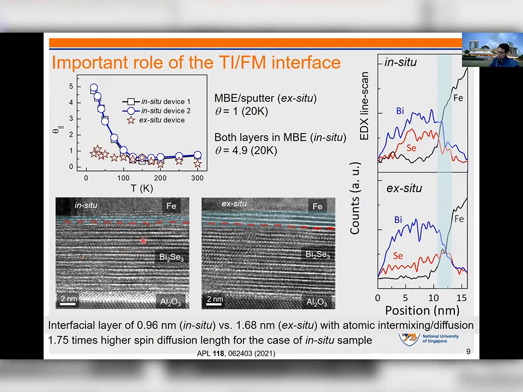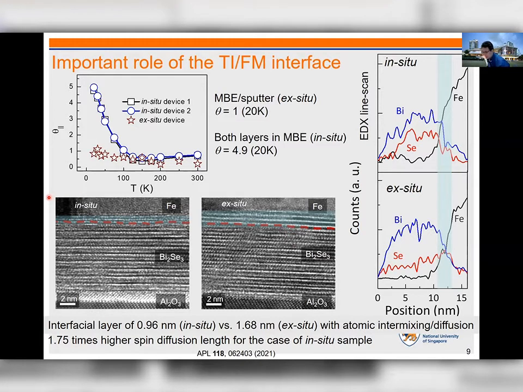So basically, spin current can easily go through this interface and affect the spin torque in this iron layer. By looking at the EDX line scan, we can see there is a huge enhancement of the selenium peak at this interfacial layer in the ex situ case, which also shows promoted atomic intermixing and diffusion of selenium if we utilize the conventional ex situ method.